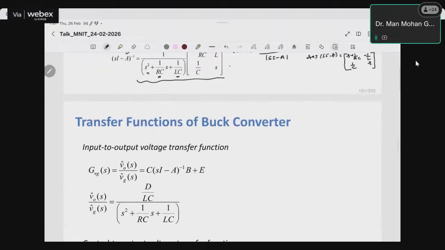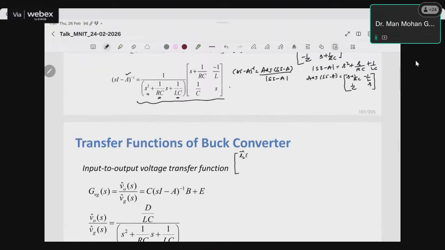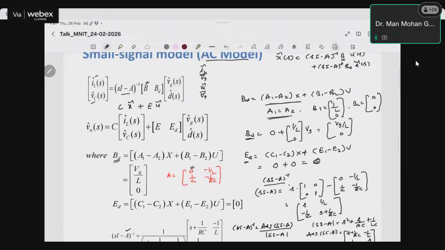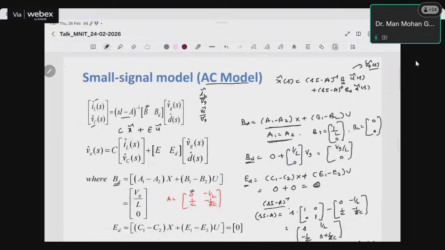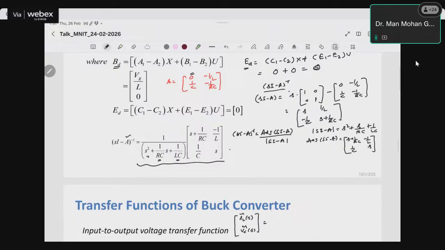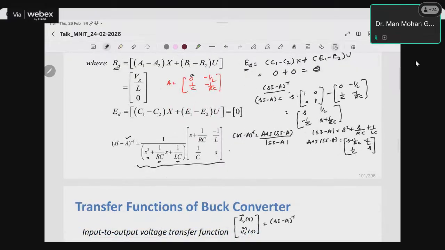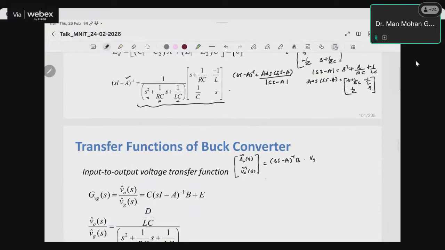So here, let's say IL of S and Vc of S is equal to SI minus A inverse B into Vg of S. I can divide it this way. So this becomes IL of S over Vg of S, the first transfer function, and second Vc of S over Vg of S.